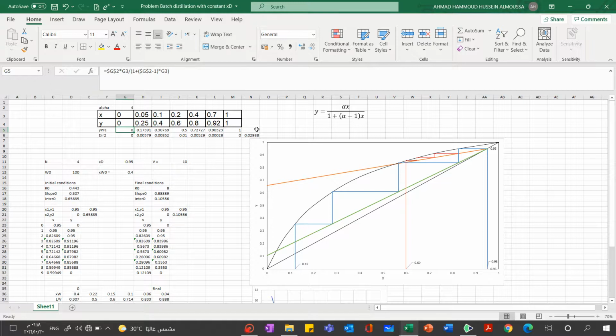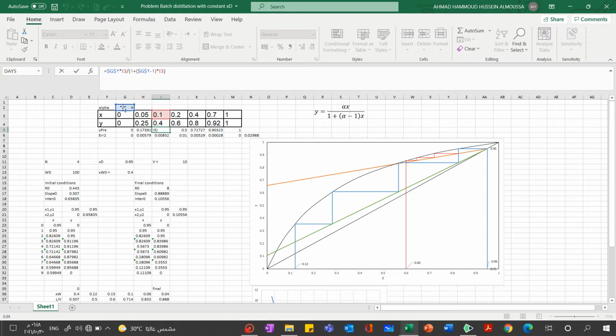He wants this y predict, by changing the value of alpha, or relative volatility, to become as this value. So all the values for y predicted are connected with the x value and alpha.